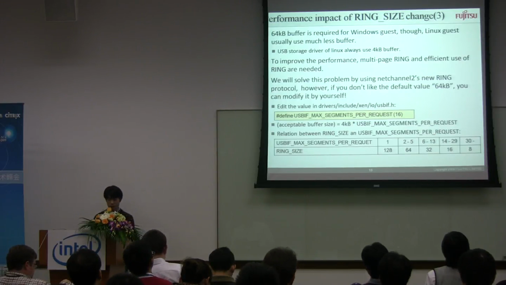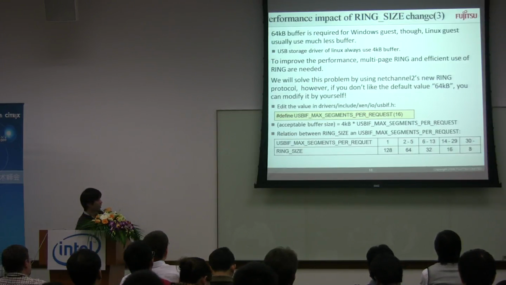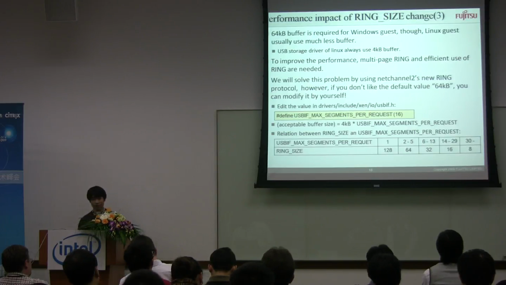However, if you can't wait or you don't like this default value, you can tune it up by yourself. See this table and edit the code directly as you like. I found 10 and 60 is not a suitable value.